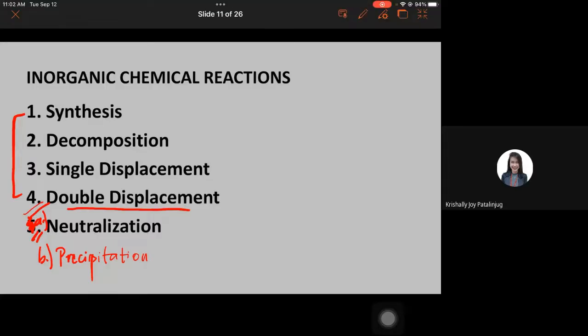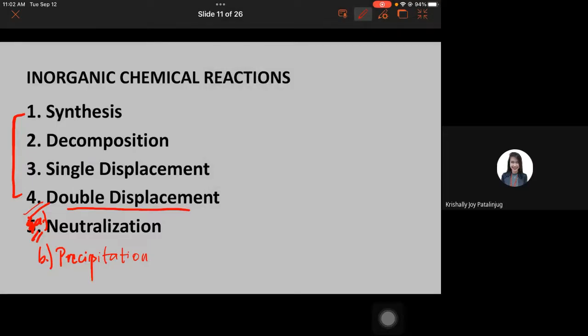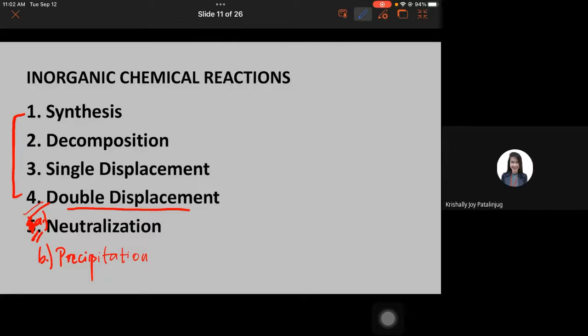Now, before we start discussing the first type of inorganic chemical reaction, please take note that in any chemical equation, the substances or compounds or molecules being reacted are written on the left side, before the arrow pointing to the right.